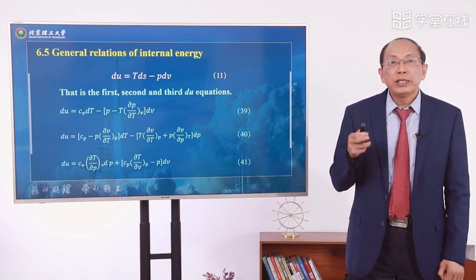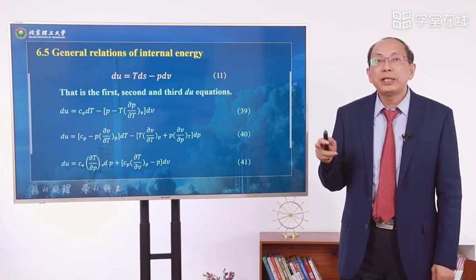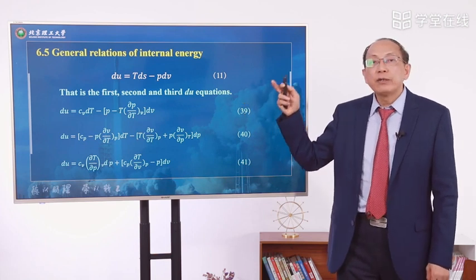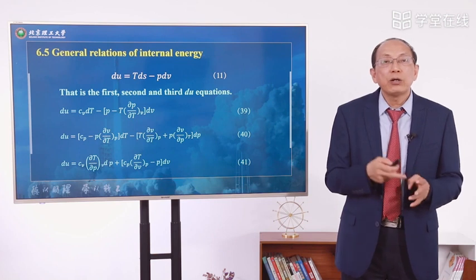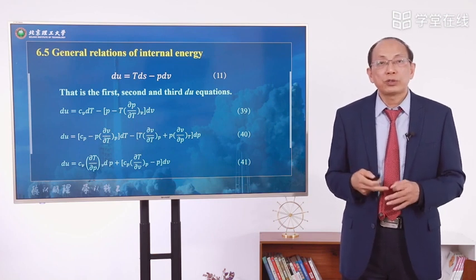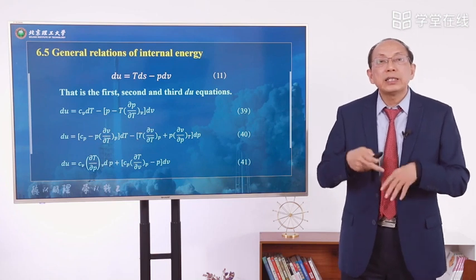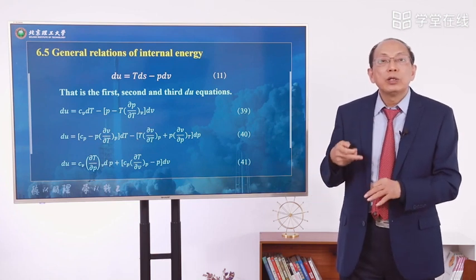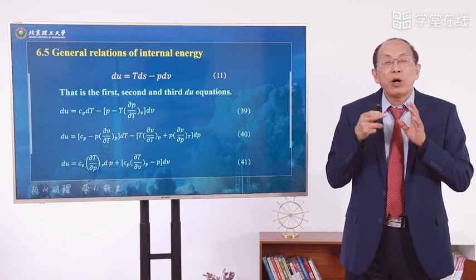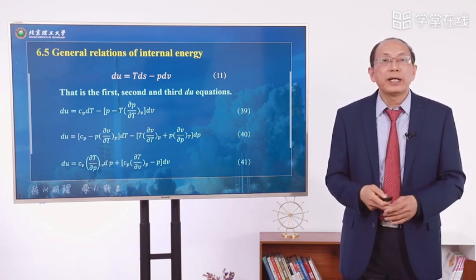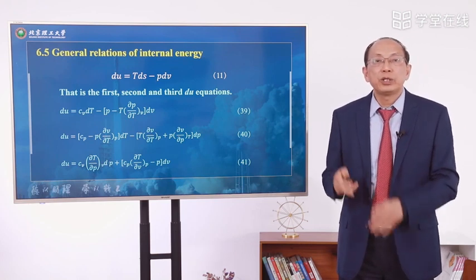We know dU equals TdS minus PdV. P and V are easy to measure. T is also easy to measure. So we put the ds function from last section into equation 11, and it is very easy to obtain the first dU equation.